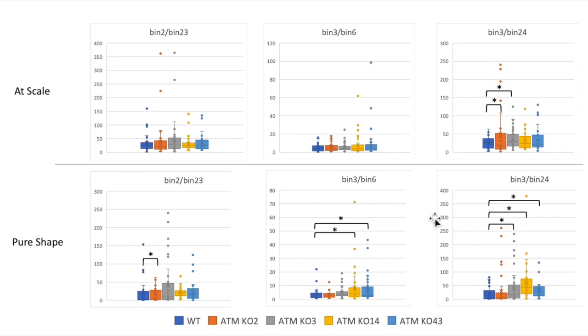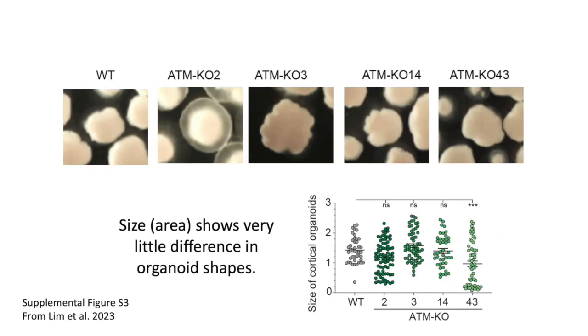I'd like to contrast the data that you see here with the area measurements in the paper, area measurements that could not see much of a difference between these knockout lines and the wild type group, even though visually we could see and know that knocking out ATM, at least in 3 out of 4 of these lines, results in a much more jagged or folded pattern of the organoids.